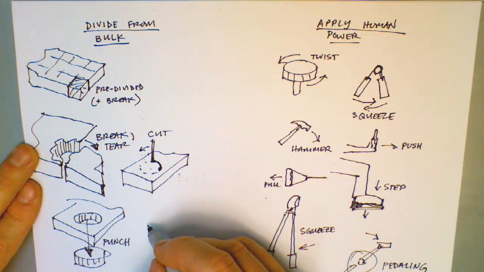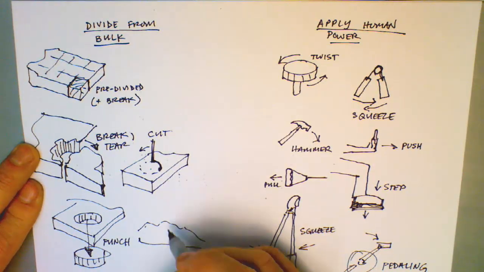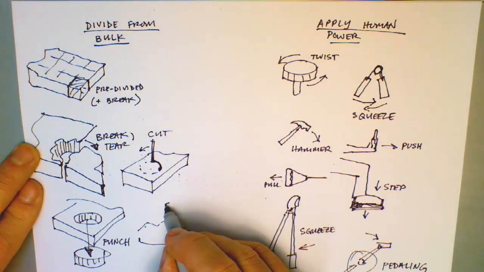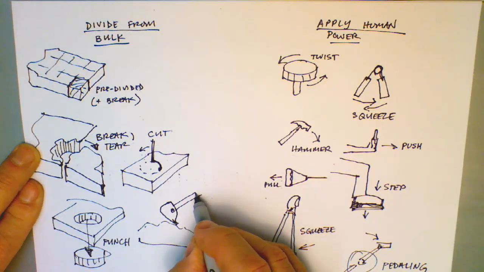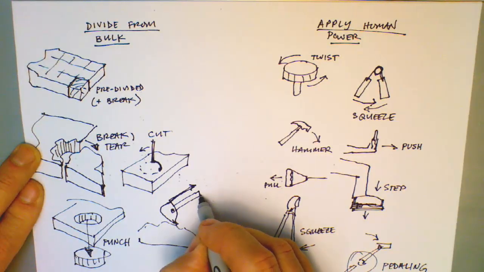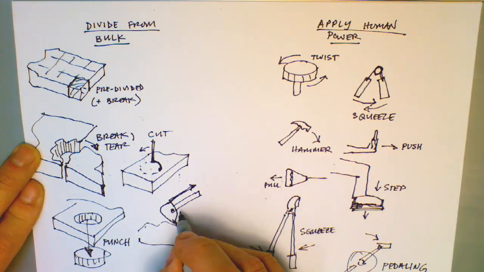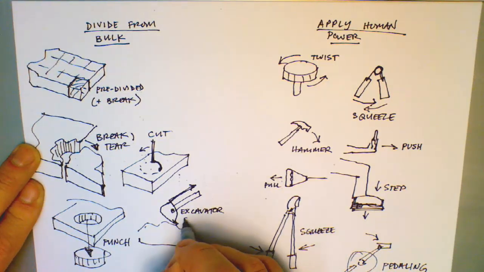Let's imagine there could be, oh, how about the way you think about the way an excavator works. An excavator shovel has a claw on it, and a big arm and an actuator, and we could call that excavator. Scoop.